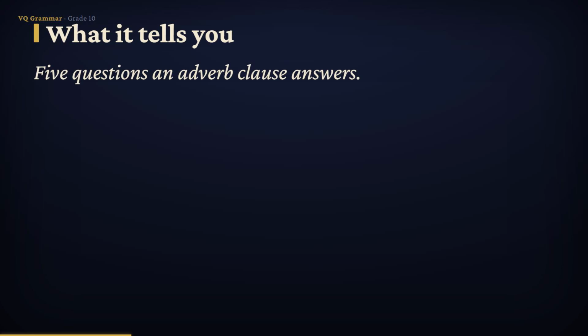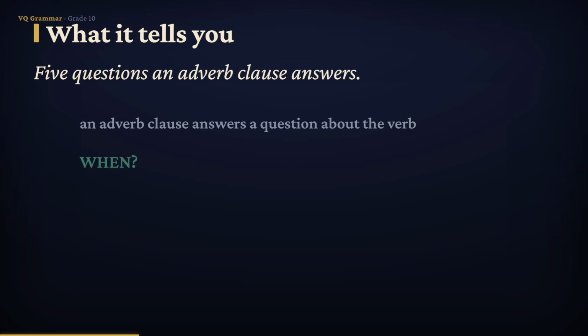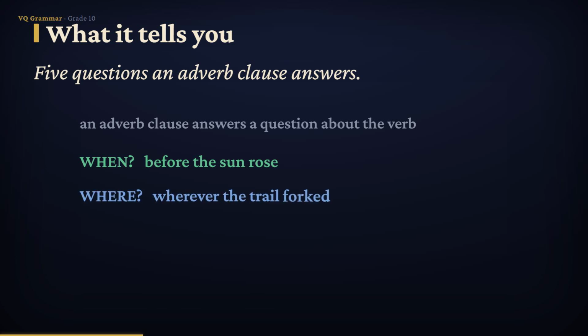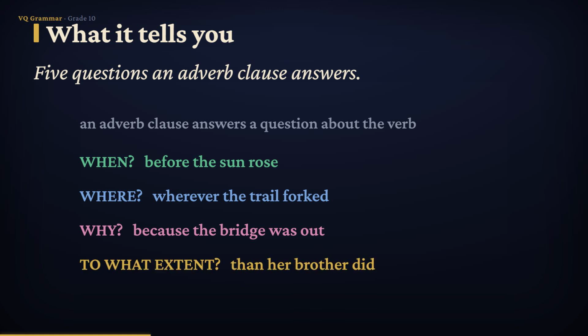So what does an adverb clause actually tell us? The same things a plain adverb tells us. It answers a question about the verb. When? Before the sun rose. Where? Wherever the trail forked. Why? Because the bridge was out. To what extent?